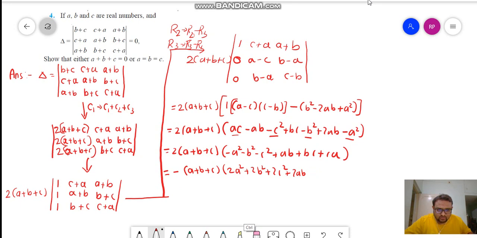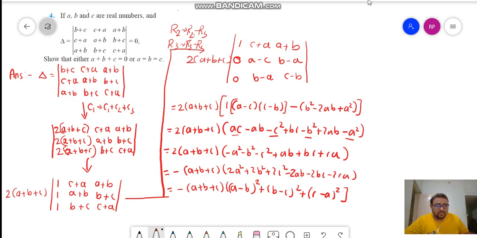So it will be minus 2ab minus 2bc minus 2ca. This will be equal to minus, this will be a minus b whole square plus b minus c whole square plus c minus a whole square.